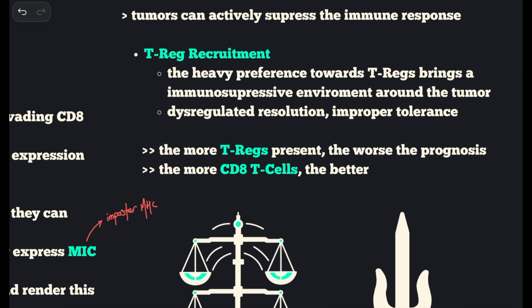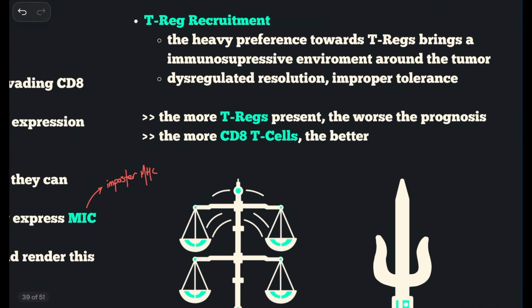So we talked about autoimmunity a good bit this unit, and that was a failure of Tregs to be suppressive. But now this is a failure of Tregs being suppressive, but at the wrong time and place. So an important distinction. And this is really clinically important too. The more Tregs in the area, the worse the prognosis.